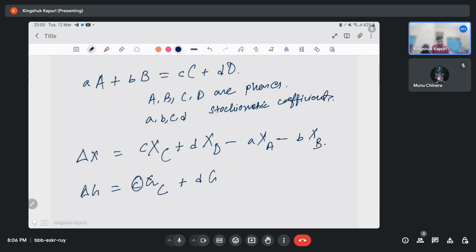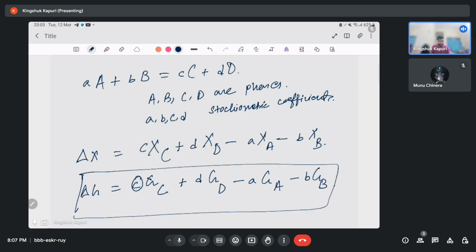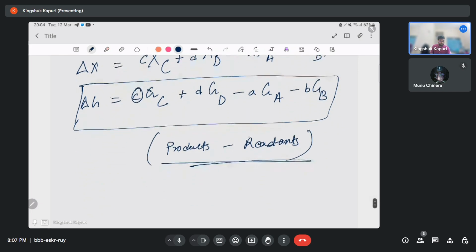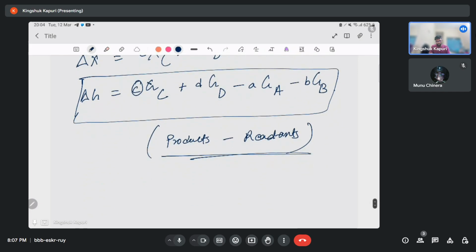From this formula you will be able to calculate the change in Gibbs free energy, and you know it will be products minus reactants. This is the order.